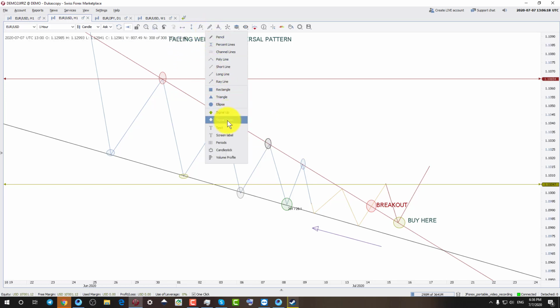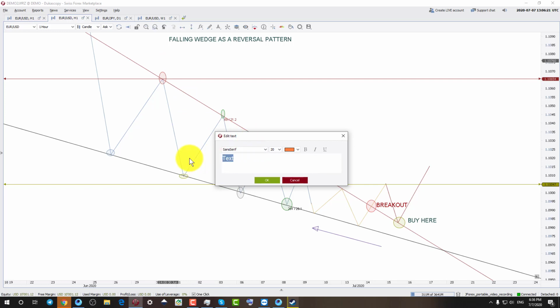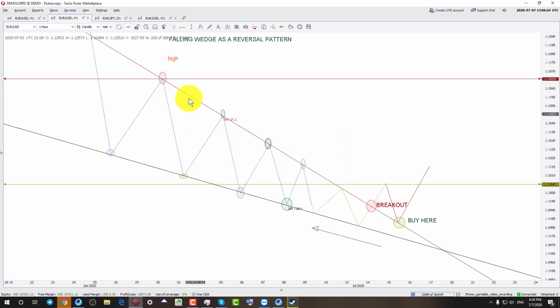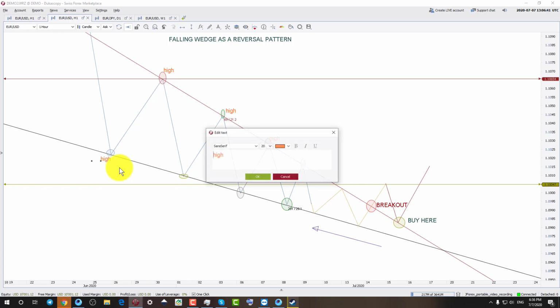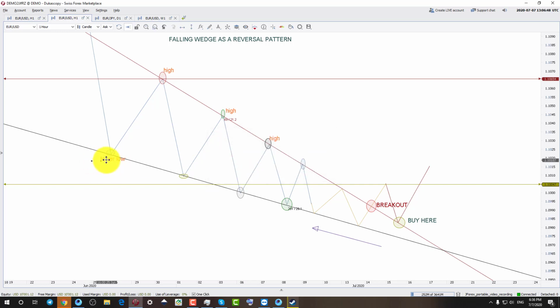Now if you remember from the last video, what we needed was highs, and also we needed lows, then we have a lower low, then we have another lower low, like this. Okay, we have lower highs and lower lows.